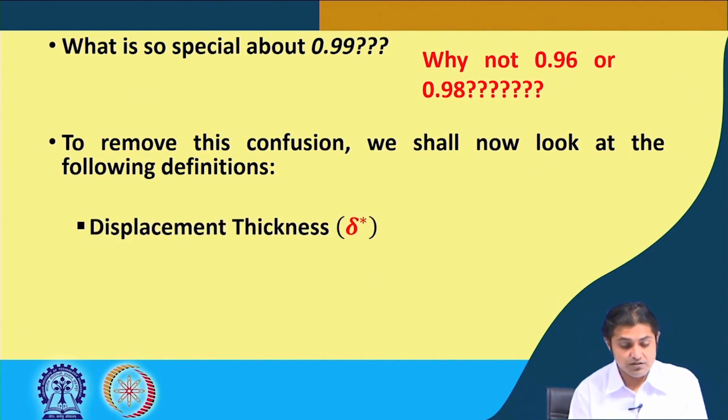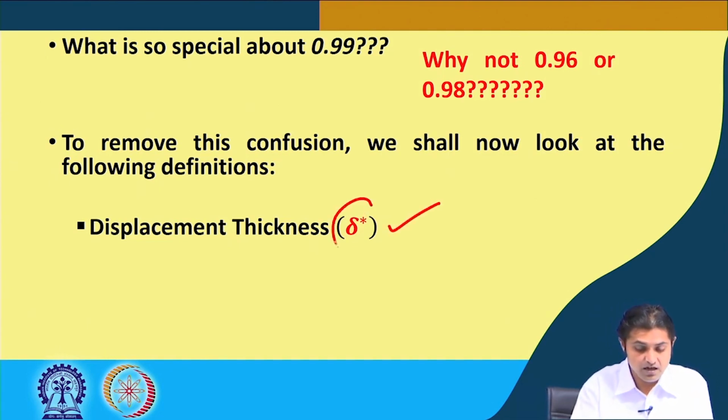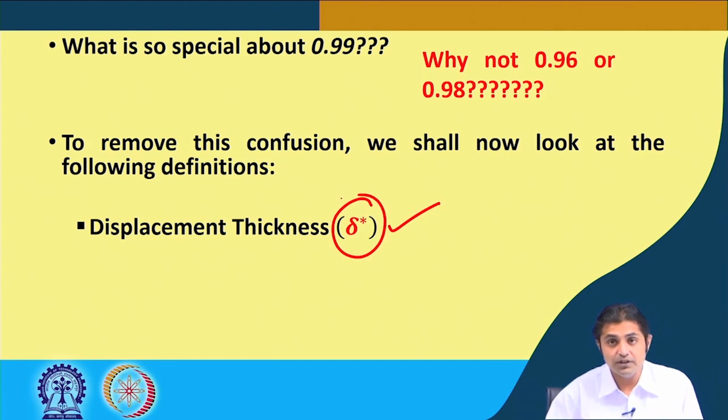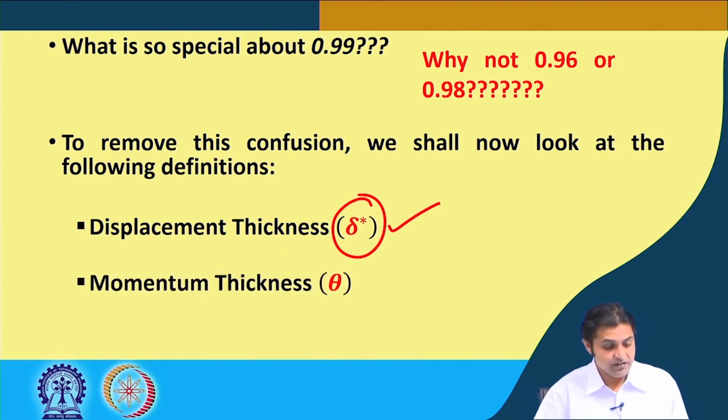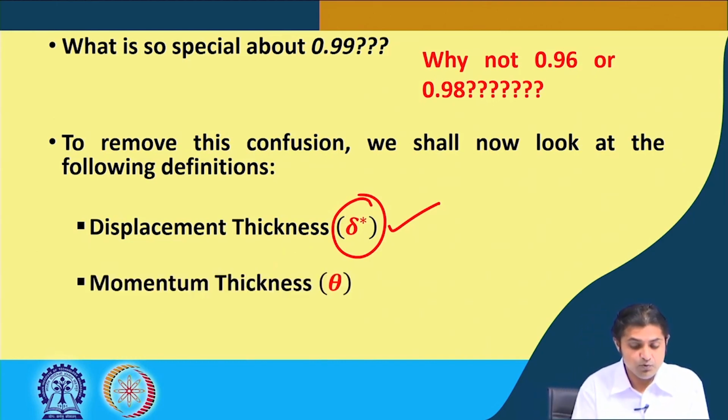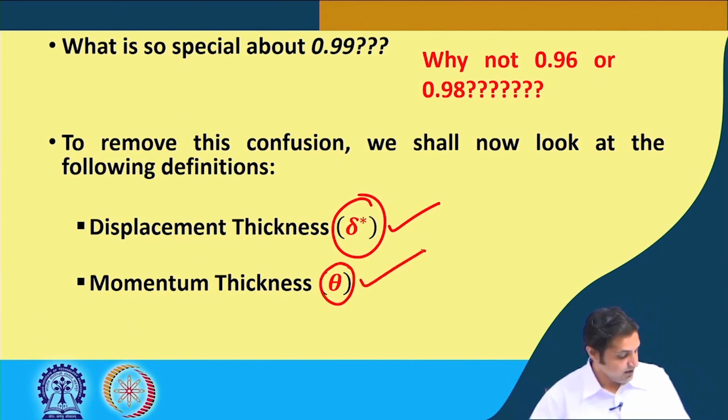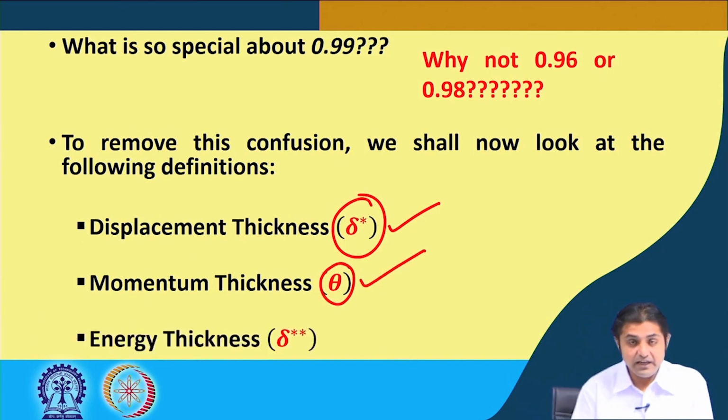Some of the definitions is displacement thickness given by delta star. Very important term in this particular module of hydraulic engineering. There is another thing called momentum thickness, that is called theta. And then there is something called energy thickness, which is given by delta double star.